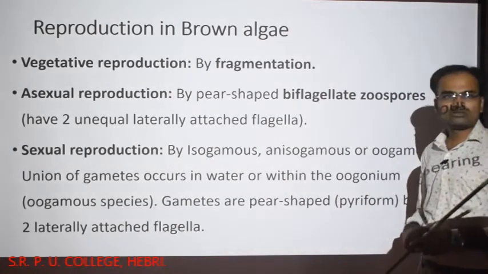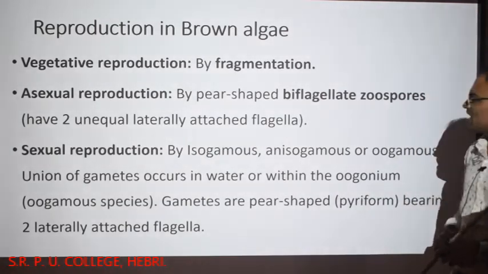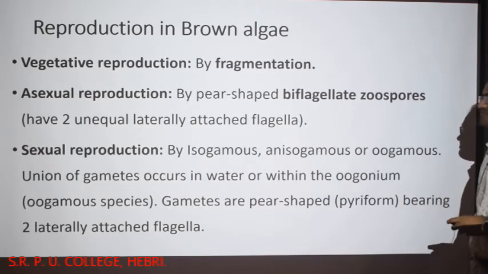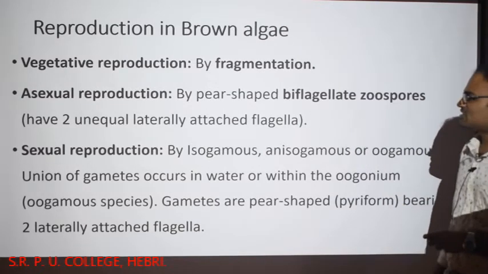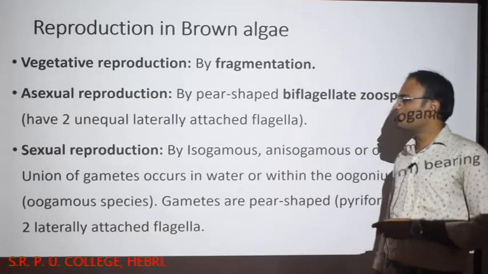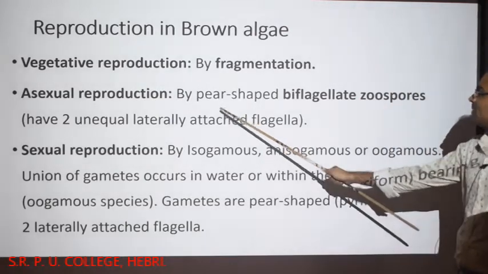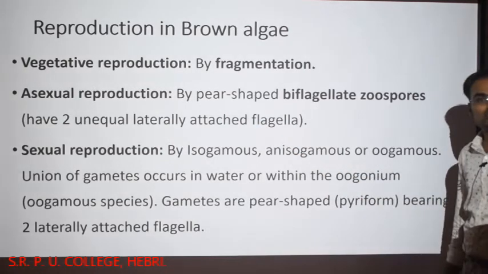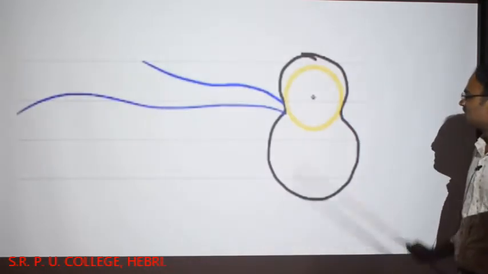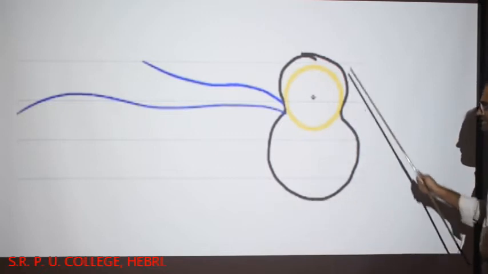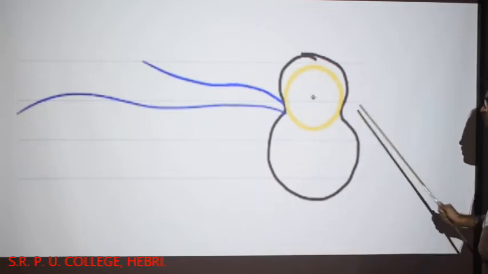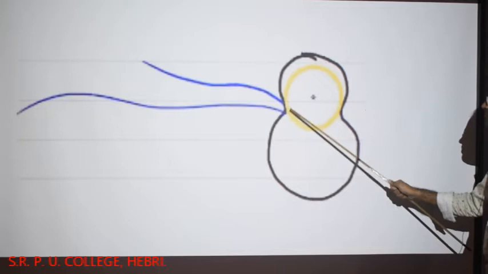Asexual reproduction is very important. Here it is by pear-shaped biflagellated zoospores. That means they have two unequal laterally attached flagella. What is pear-shaped? Its picture we have here. It is a single spore, but the upper part is somewhat constricted.